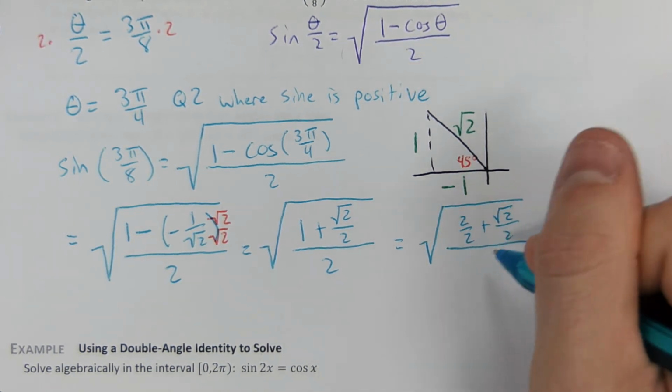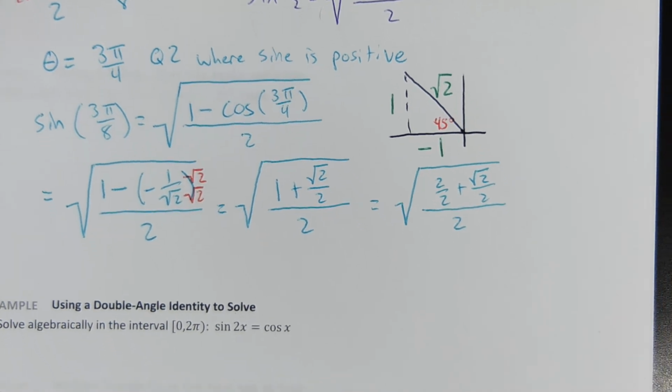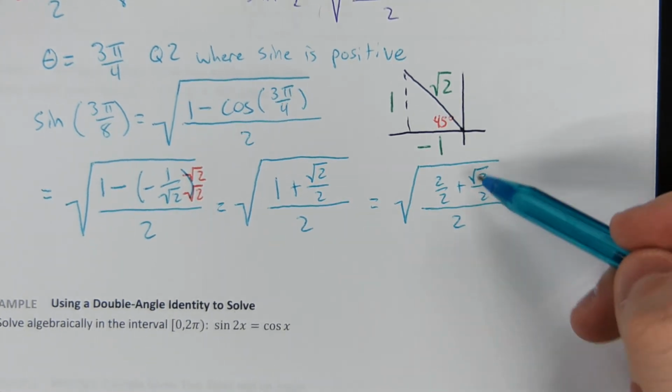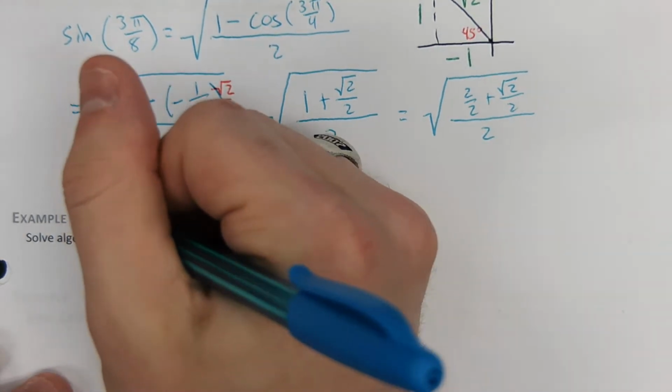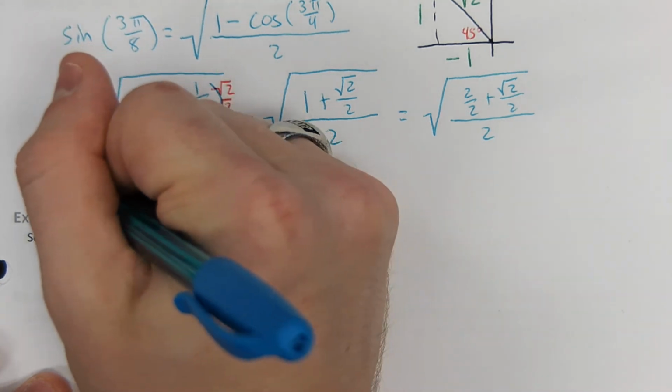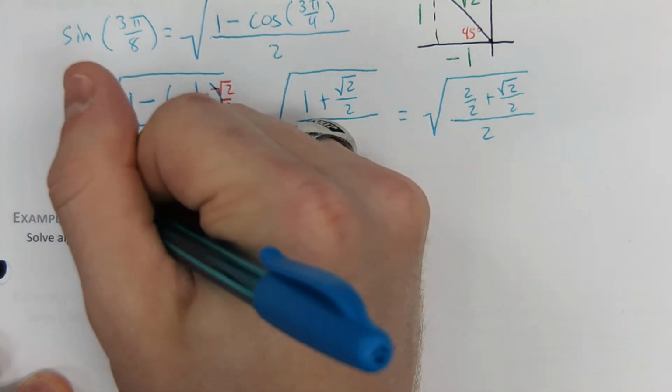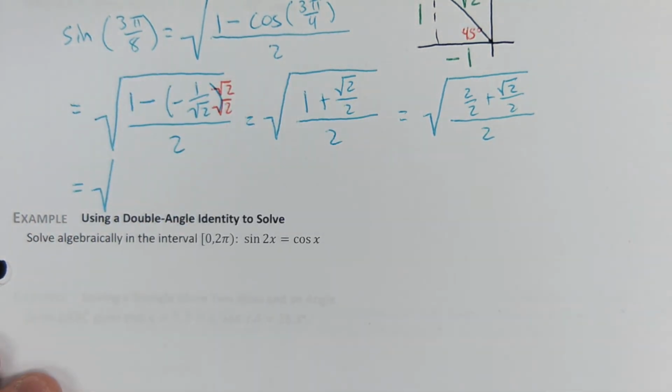Look at all these 2's. Isn't this fun? I don't know if you've noticed, but I've started writing smaller, smaller, smaller. I have to make sure that I got enough space here. Math is going to have to get short.